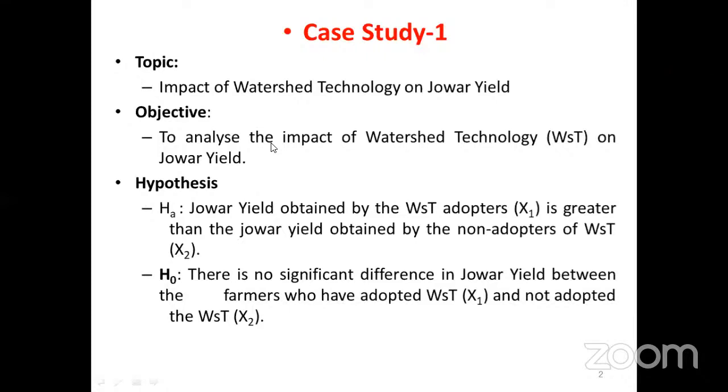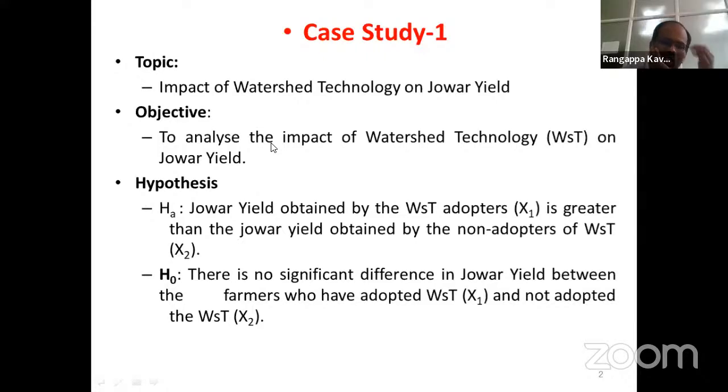Jowar yield obtained by watershed technology adopters is greater than the jowar yield obtained by the non-adopters of watershed technology. I think first I have written the alternative hypothesis, which we can write as H1 or HA.